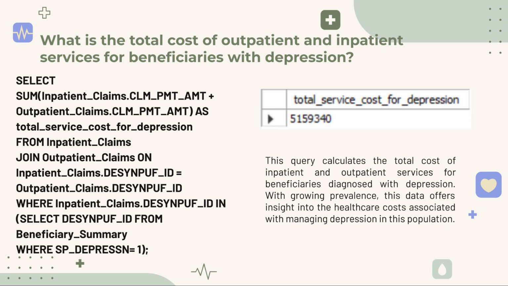And then the sum feature was used to add the total cost of both inpatient and outpatient services for beneficiaries with depression. And the join command was used to combine data from the inpatient claims and outpatient claims table using the unique beneficiary ID, and data was filtered to only include those who have depression.